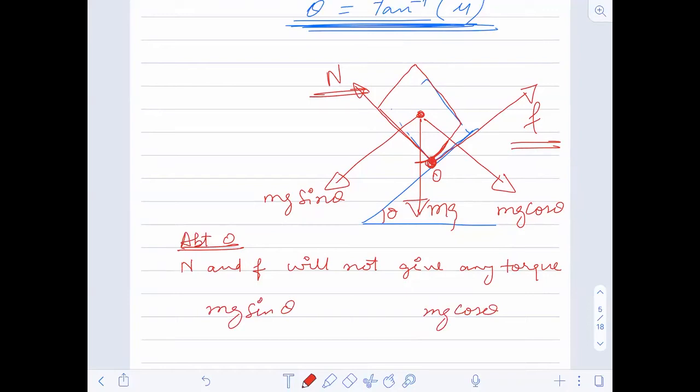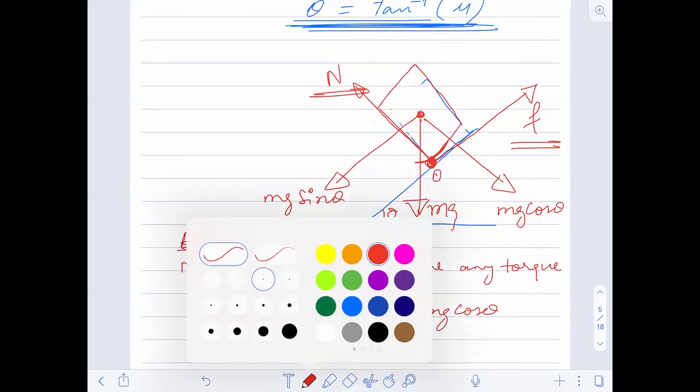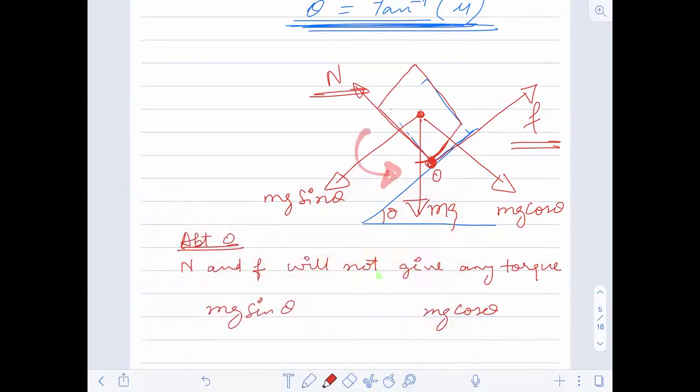Now if you see here, mg sine theta will try to rotate this block in this direction, whereas mg cos theta will try to rotate the block in this direction. So one is clockwise, another one is anti-clockwise.